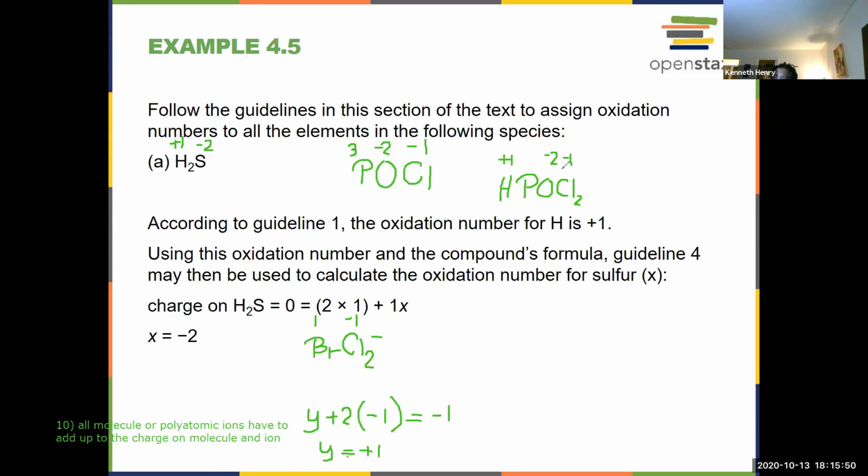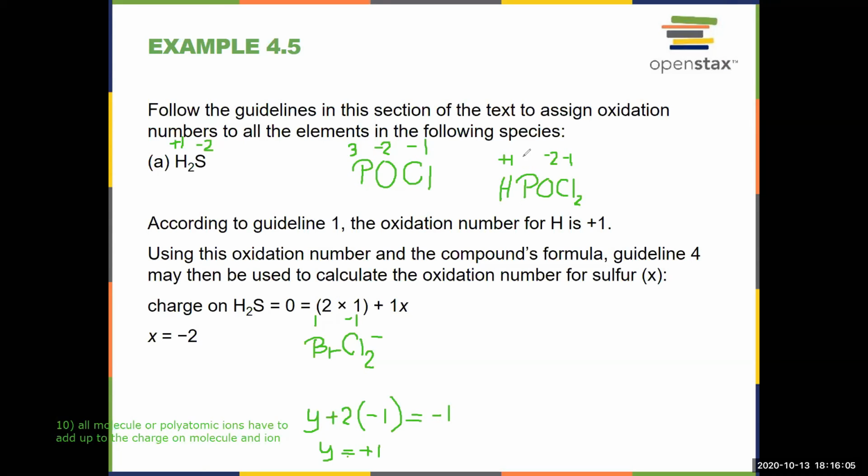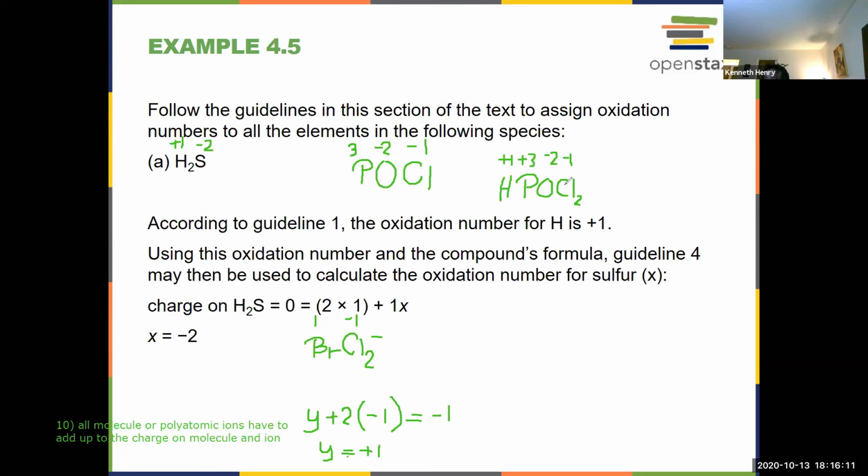So then what would be the oxidation number for the phosphorus? +3. So we have two -1s, so that's altogether -2... that's -4 with the oxygen, we have +1, so that makes it -3, so we need to have a +3 to balance it out.